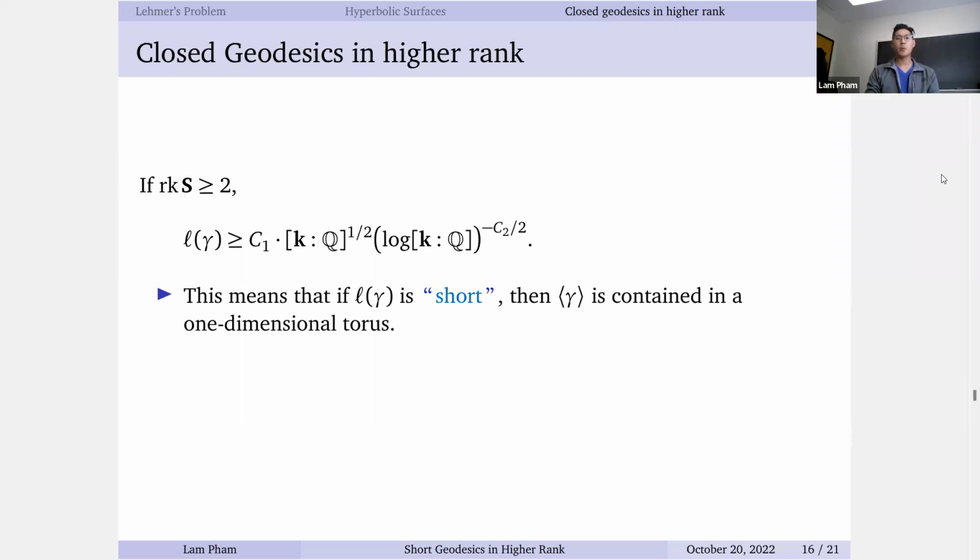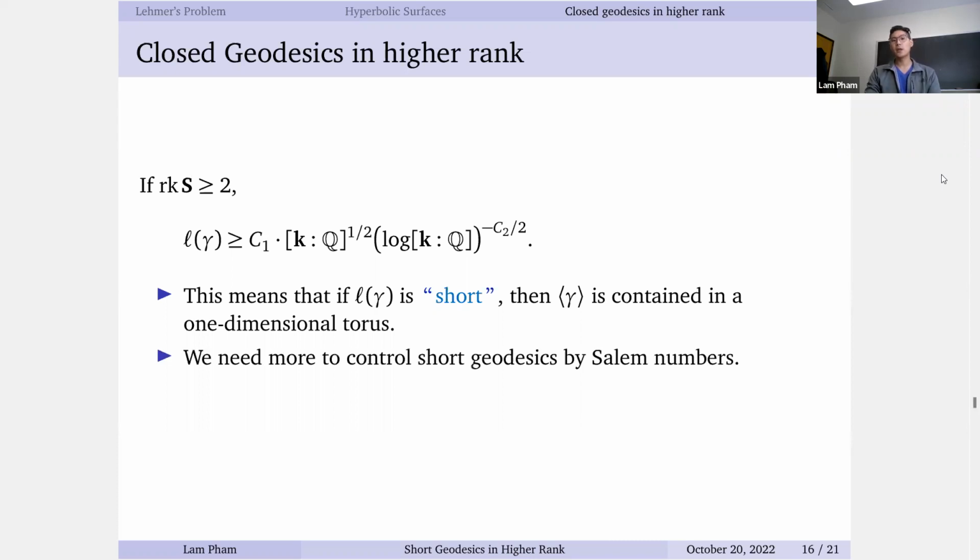Now, I just explained that if the length of the closed geodesic corresponding to gamma is short, then gamma must be actually contained in a one-dimensional torus. But this falls short of showing that this is the same as only having Salem numbers.